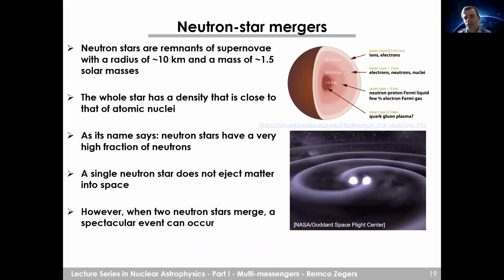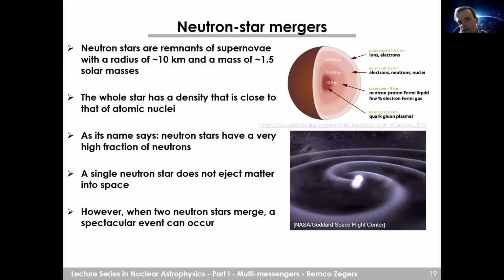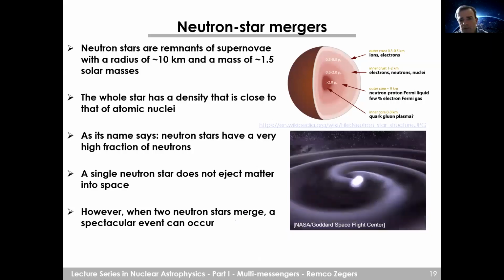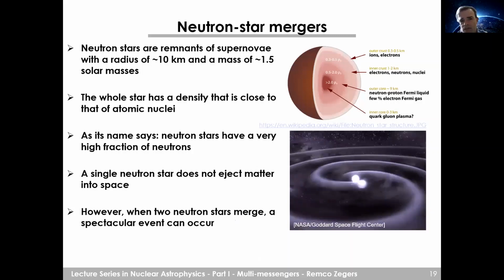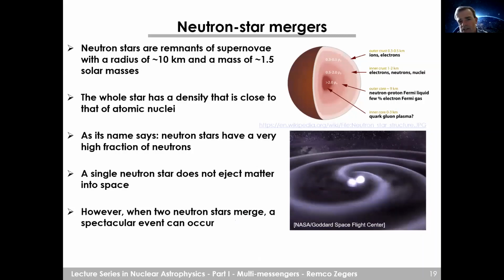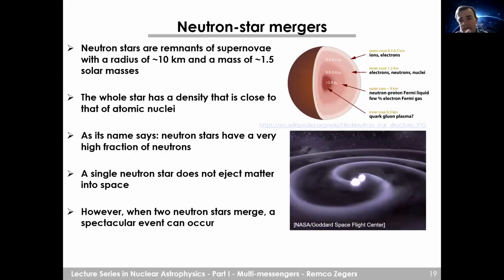And so what happens with neutron stars and why do they merge? Neutron stars are remnants of supernovae, of stars that have exploded. And they're quite small. They only have a radius of about 10 kilometers and a mass of about 1.5 solar masses. The whole star has a density that's close to that of atomic nuclei. So it's extremely dense, and it's very neutron rich, right?